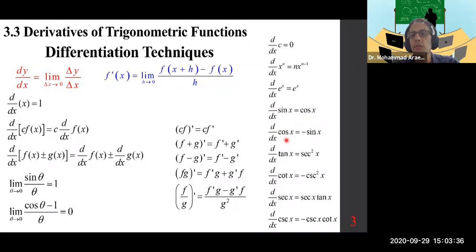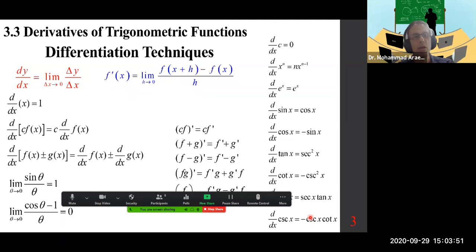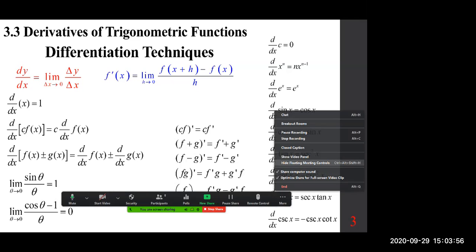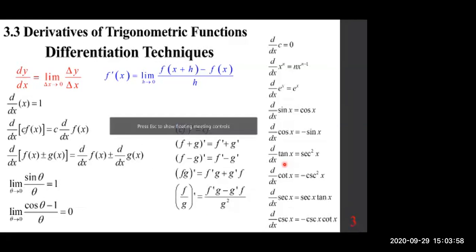The derivative of cosine is negative sine. The derivative of tangent is secant squared. The derivative of cotangent is negative cosecant squared. The derivative of secant is secant x tan x. And the derivative of cosecant x is minus cosecant x cotangent x. So let's look at some proofs here.